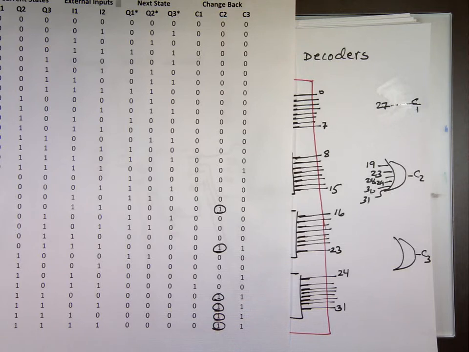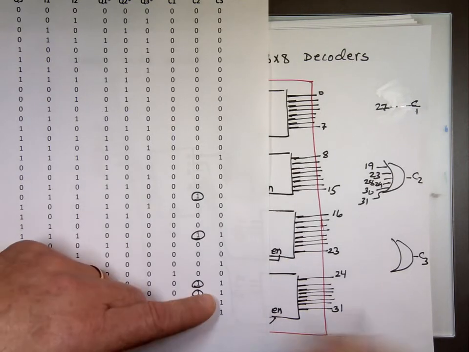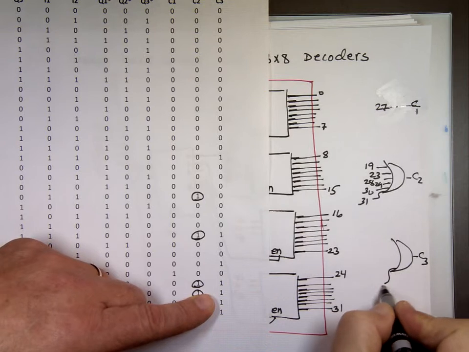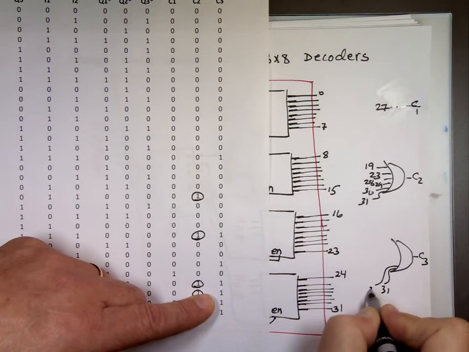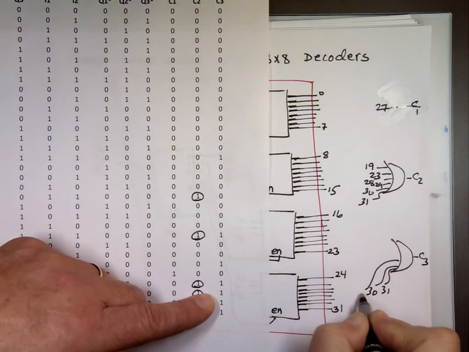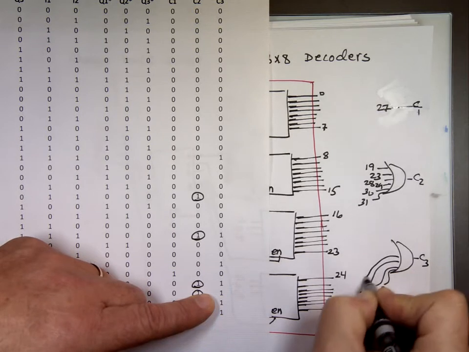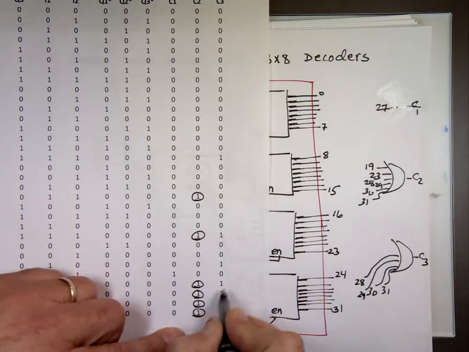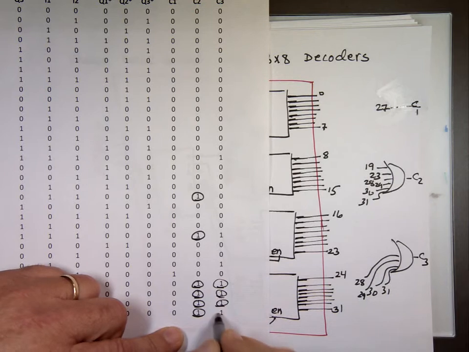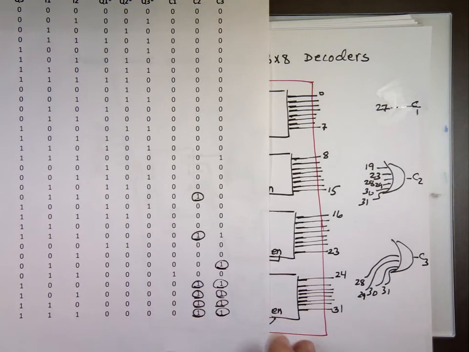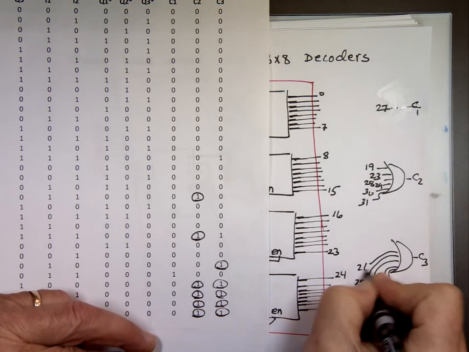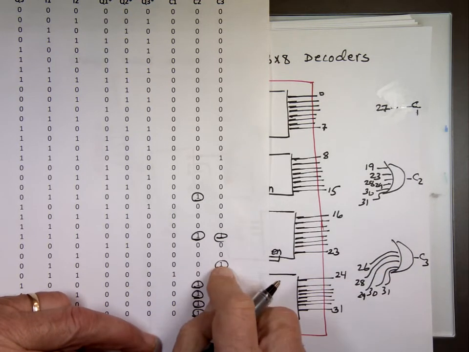And change 3, I need the last 4 again. 31, 30, 29, 28. What else do I need? That's these guys on the bottom. I also need this one, which is 26. I need this one, 26, 25, 24, 23.